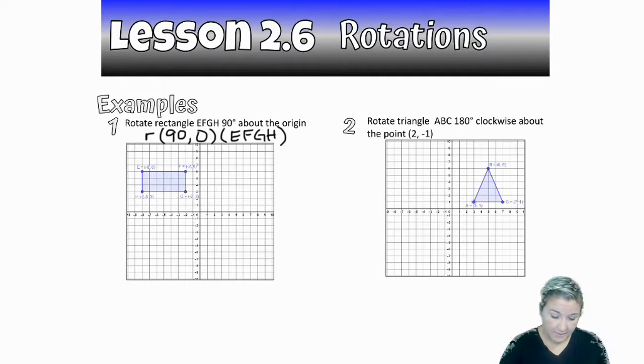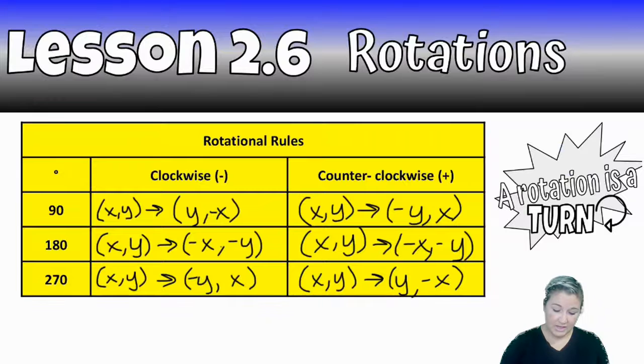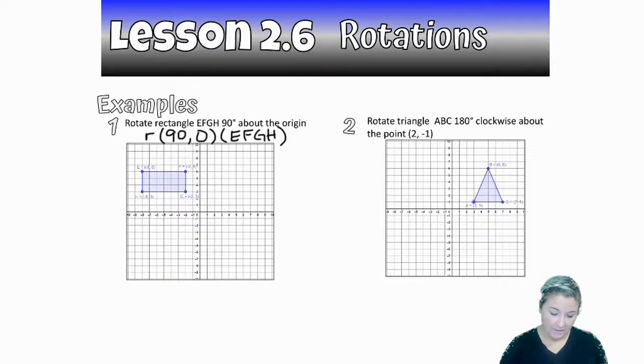I've already listed out the locations of the points. We know it's a positive 90, so we're turning to the left 90. If I refer back to my rules, that flips the x and the y and makes the y the opposite sign. I'm going to write this little rule up here so I can remember it.